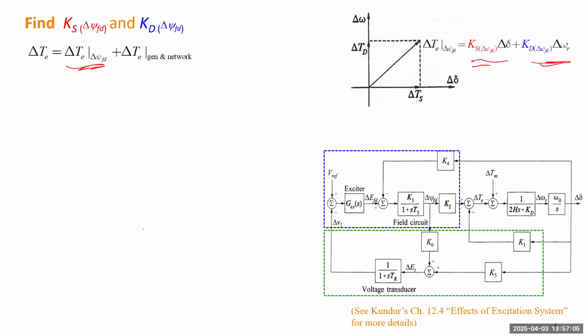All right, if you go to Kundur's book, chapter 12.4, there's one section that derives this block diagram. You should be able to do that on your own without looking at that chapter, based on what you learned from the generator modeling session and the excitation system session. You just put all the equations there and try to draw the block diagram.